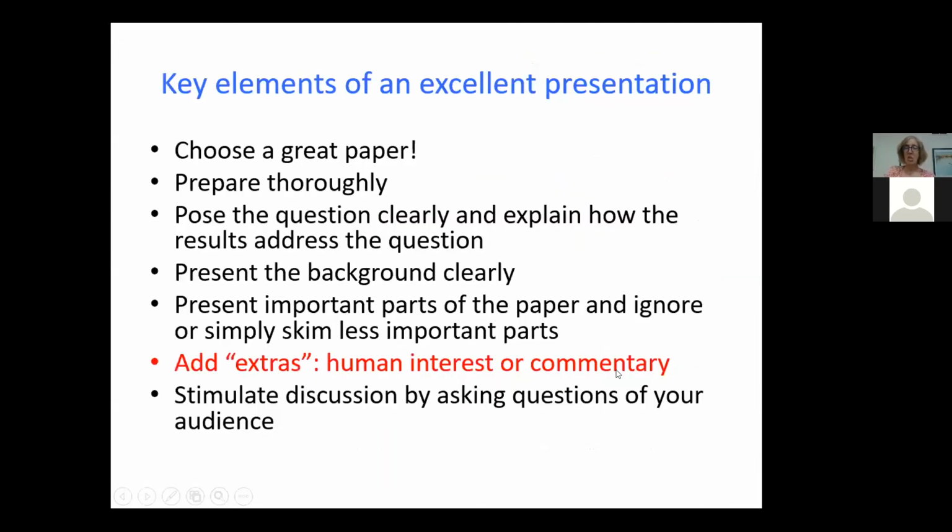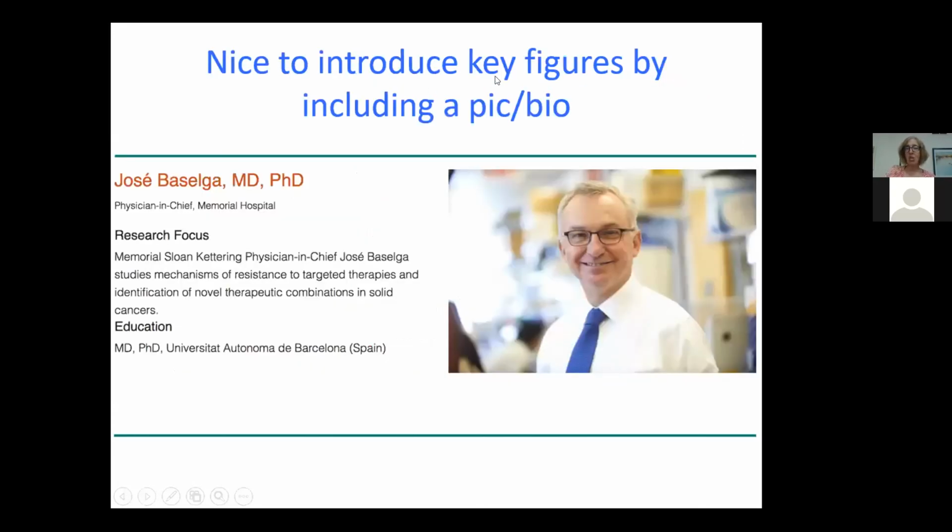Well, you know, you can add a little extra human interest or commentary. You might introduce a key figure by introducing a picture or bio sketch. Look here, here's the guy. He's at Memorial Sloan Kettering. He's editor-in-chief, physician-in-chief. This is what he studies. This is where he's from, Spain. Just brings things alive a little bit more.